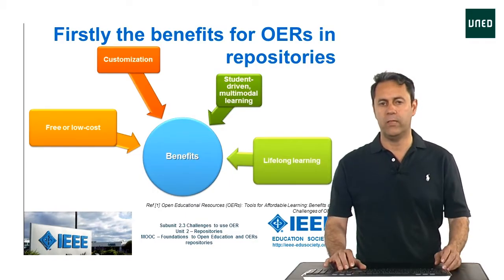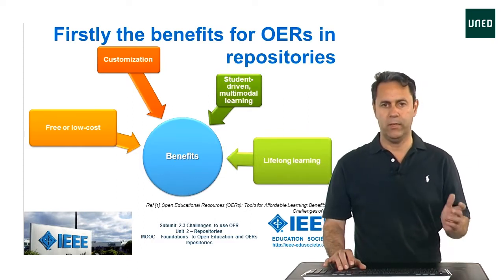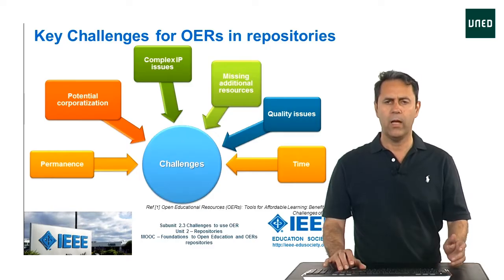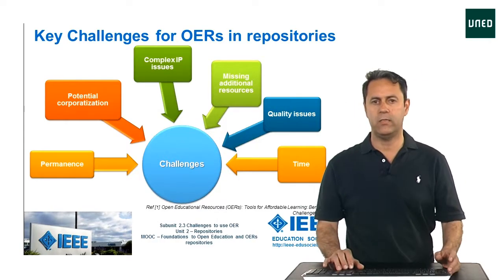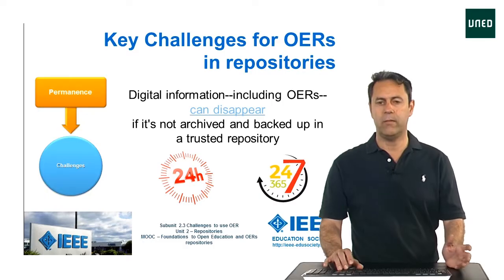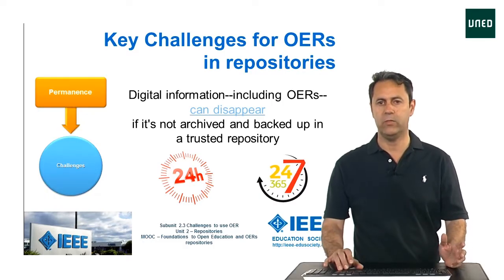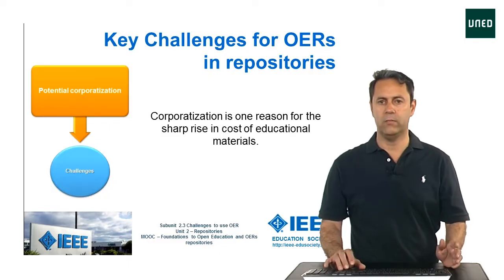Now, let's begin with the key challenges for open educational resources in repositories. To begin with, permanence. Permanence means that digital information, including OERs, can disappear. So this is a risk to take into account. Secondly, potential corporatization.